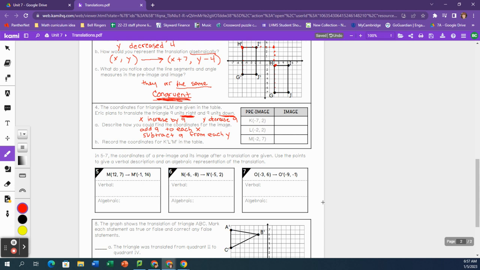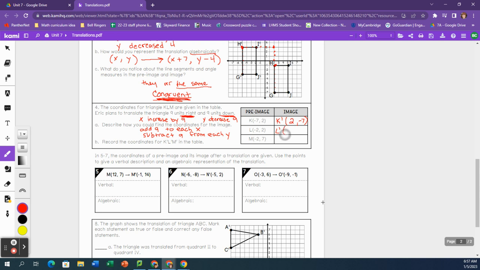Let's write the new coordinates. So K prime would be -7 plus 9 is going to be 2. 2 subtract 9, they're kind of opposites, how funny, is -7.